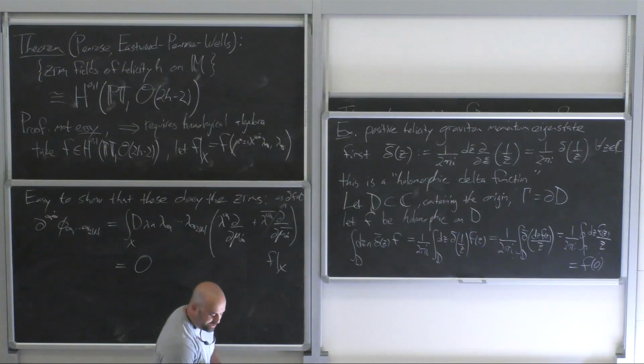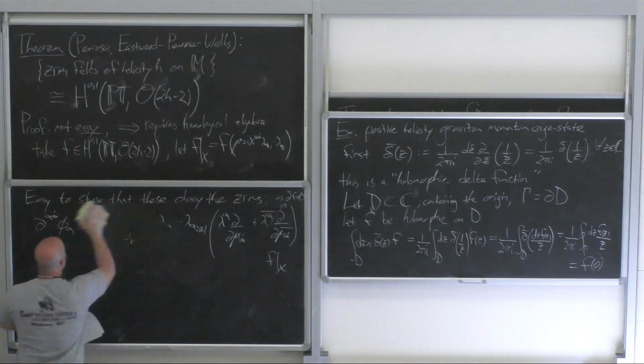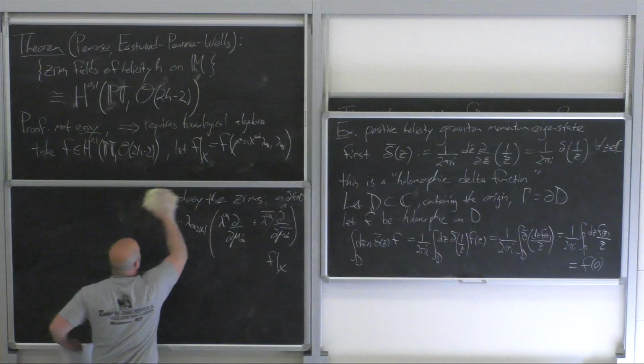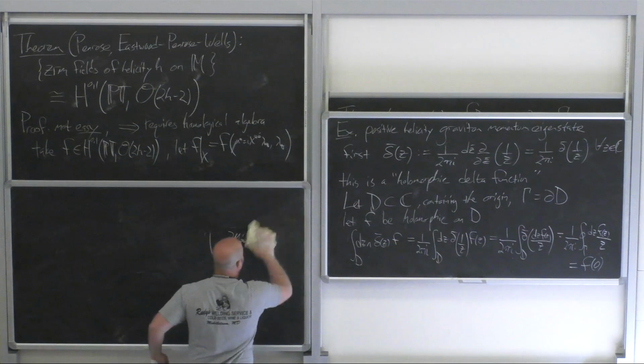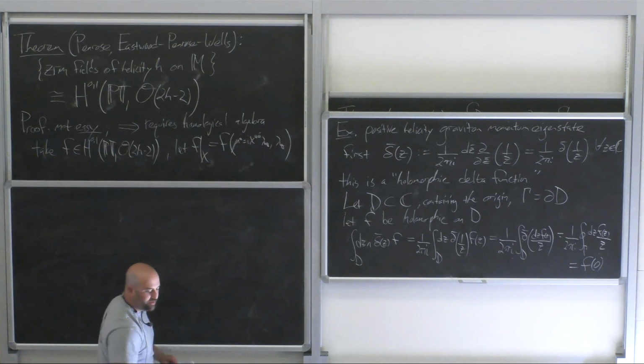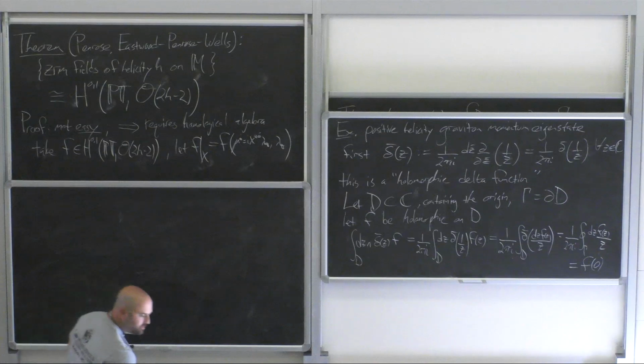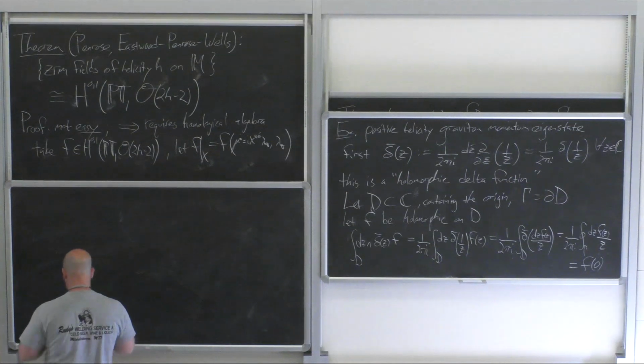This is a fairly incomplete blackboard. We'll just use this. Now I'm going to write down a 0,1 form on twistor space.